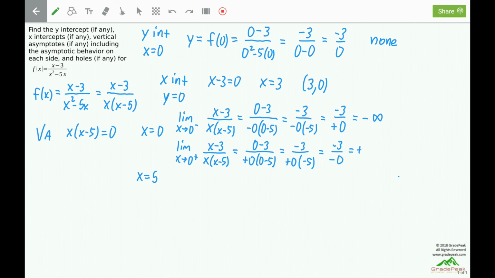A negative over a negative is positive, non-zero over 0 is an infinity. And there's the asymptotic behavior on the right side of the x equals 0 vertical asymptote.